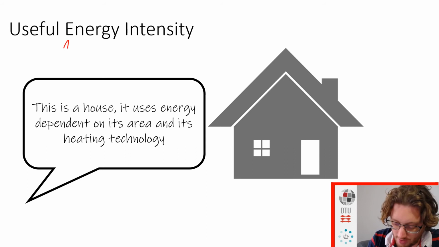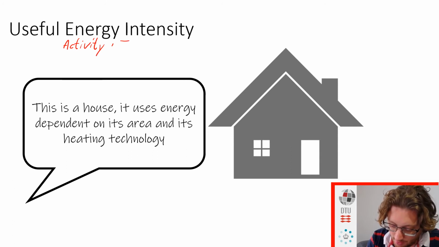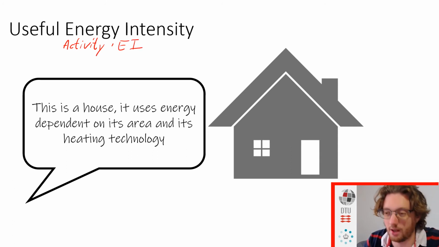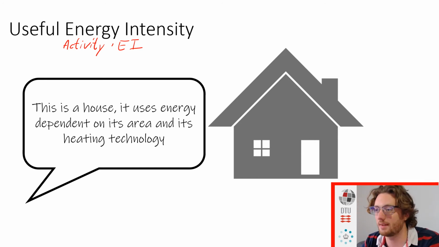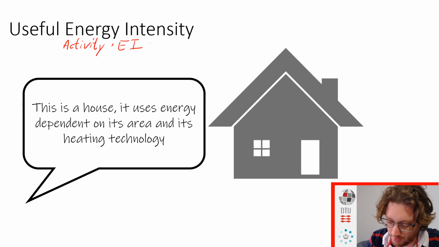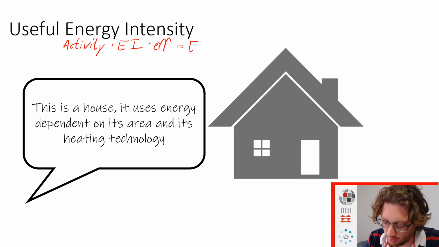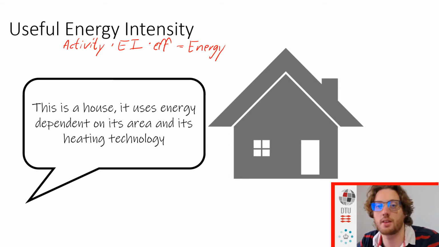So you have the activity, that could be number of square meters of housing, multiplied by the energy intensity, that could be the level of insulation that the housing has that causes it to have an energy intensity of saying how much energy is actually needed to heat per square meter, and then multiplied by the efficiency of whatever heating technology that is being used.